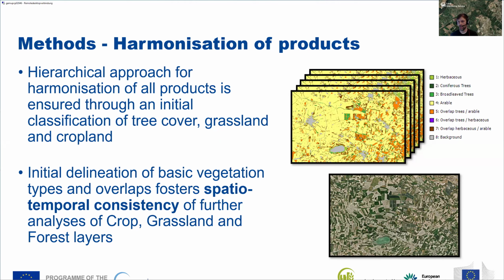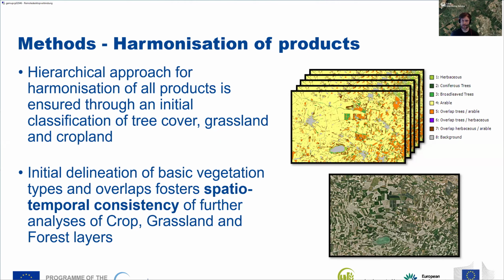On the right, you can see an example of this initial delineation, which is called BVL, an internal product. The first classes here are the main classes, herbaceous, coniferous and broadleaf trees, and then the arable class, and then the allowed overlap classes with class values 5, 6, and 7. This initial delineation fosters the spatial and temporal consistency of the further analysis and the further production of the cropland, grassland, and forest layers.